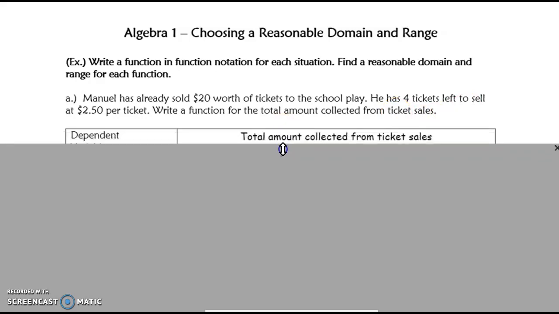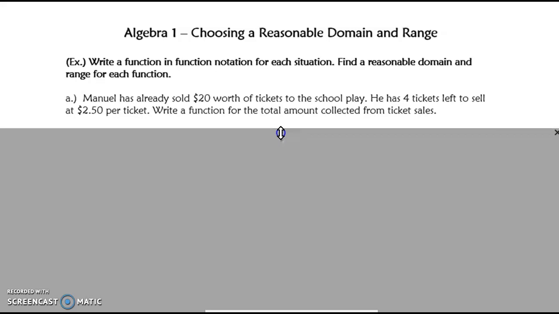So we're going to break this down again into our dependent variable. And remember that, cover that up. What are we trying to find here? In reading, it's going to tell us what our function needs to be. It says write the function for the total amount collected from ticket sales. So that's your dependent variable. We're trying to find the total amount for the ticket sales.